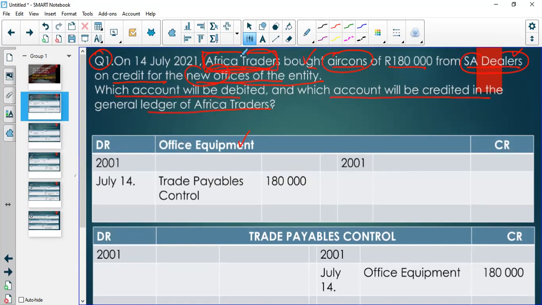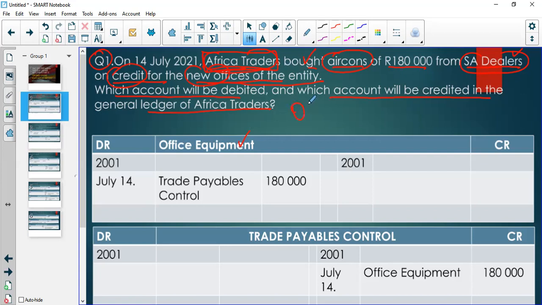From the perspective of Africa Traders, they bought this on credit, so their bank account was not affected. What happened is their office equipment increased. But now, when the office equipment is increased, they owe some supplier some money that has to be paid. So we can identify 2 accounts here.